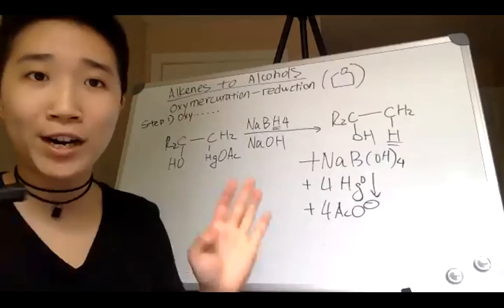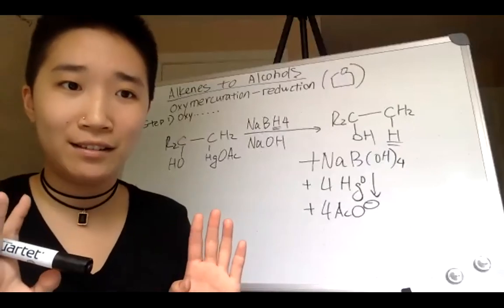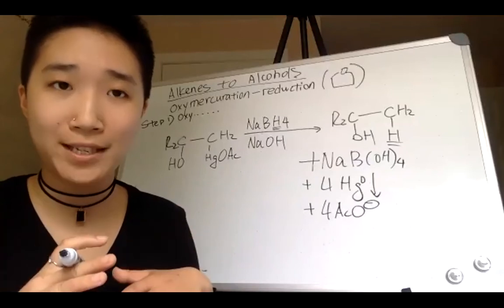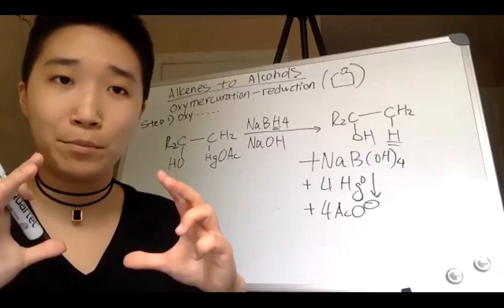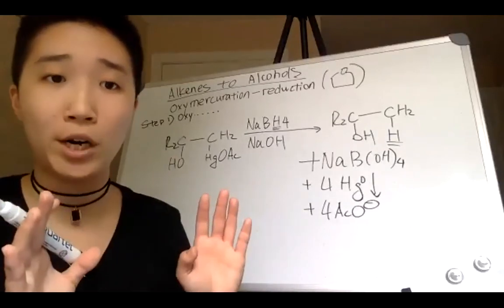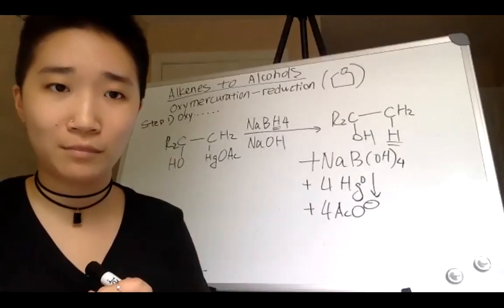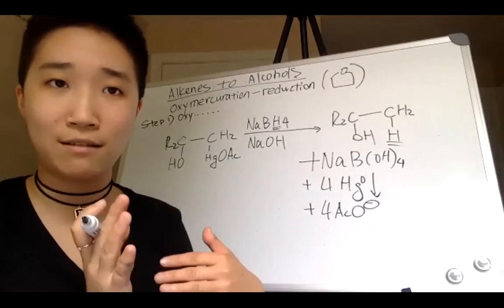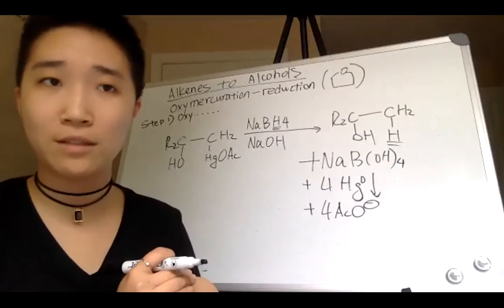Right, you don't have to worry about the mechanism. For the first step, you form this very important intermediate, but for the second step, you don't need to know the mechanism. Just know that the mercury gets replaced by the H. That's sufficient for the scope of this course.